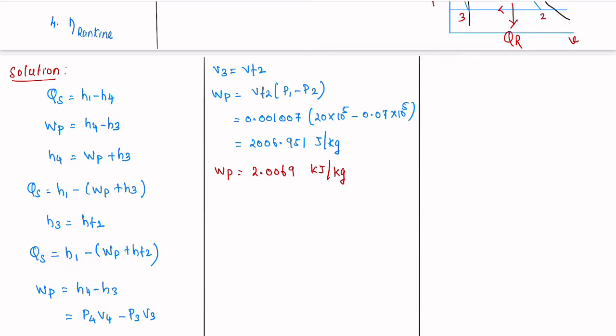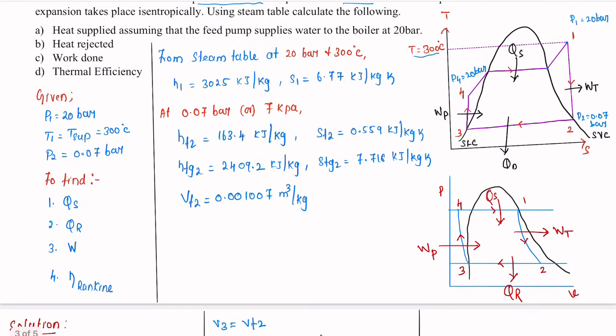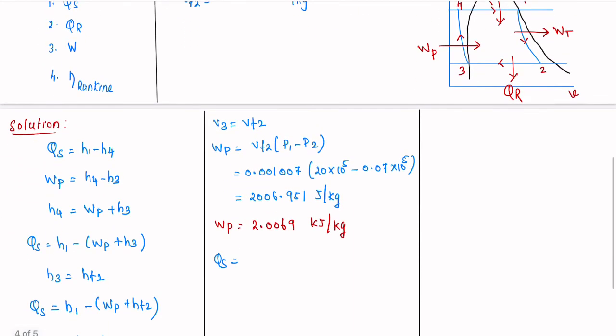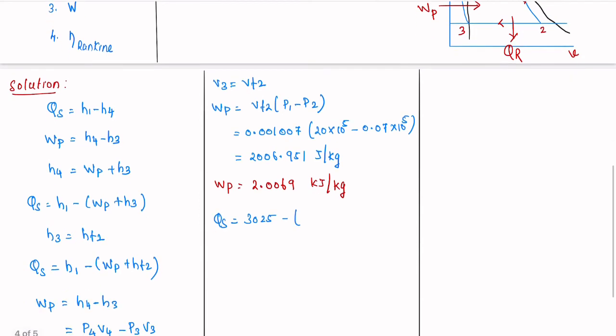Therefore, QS will be equal to H1, and we have found out the value of H1 from the steam table as 3025 kilojoule per kg. On substituting that value here, H1 is equal to 3025 minus the value of WP.